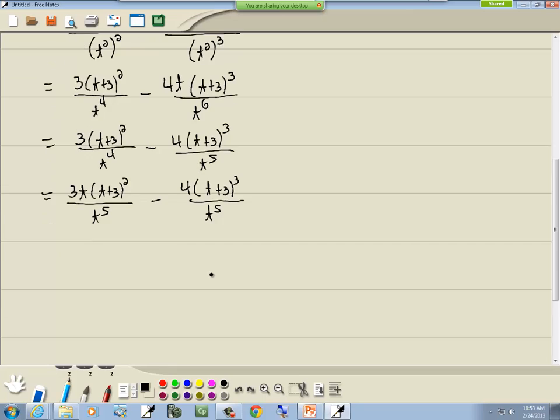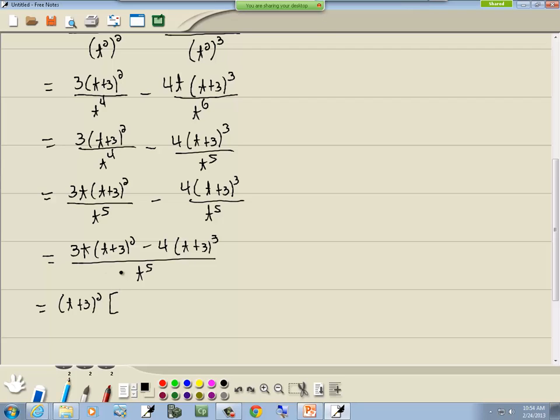Okay, now I'm going to merge them together into a single fraction. So I got 3t times t plus 3 squared minus 4 times t plus 3 to the third over t to the fifth. Now they both have a t plus 3 squared, so I'll factor that out in front.